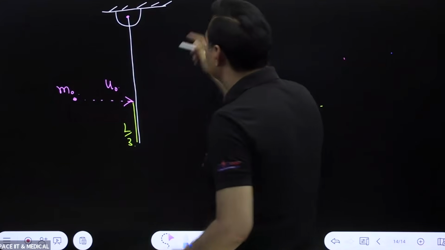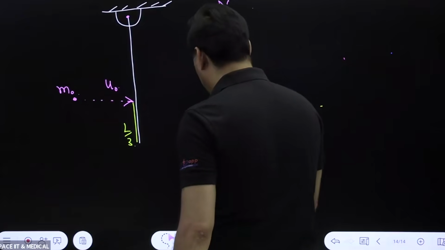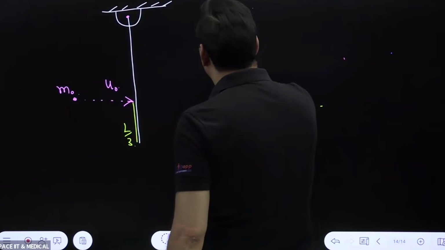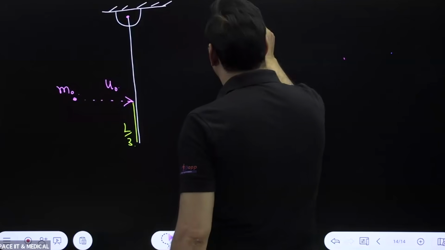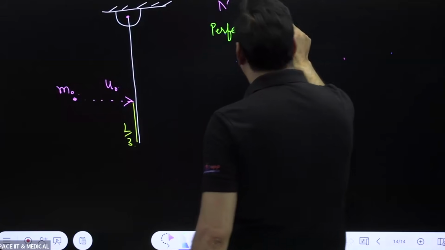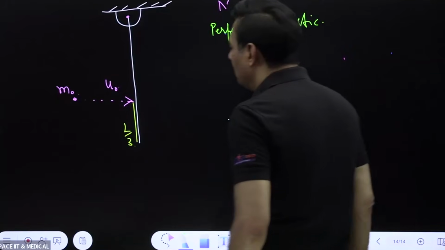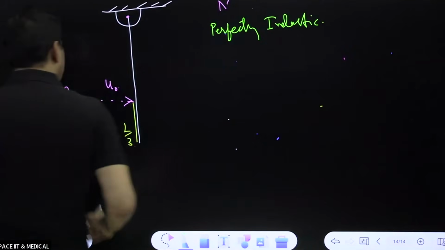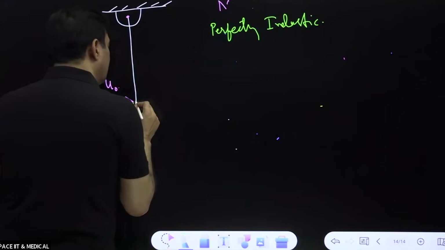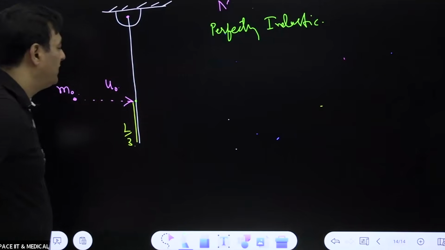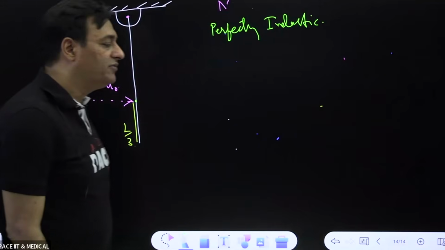So the collision is perfectly inelastic. Or suppose it is a bullet that gets embedded in this rod, as you said, it sticks to the rod. Now tell me, how do you define the motion after collision?